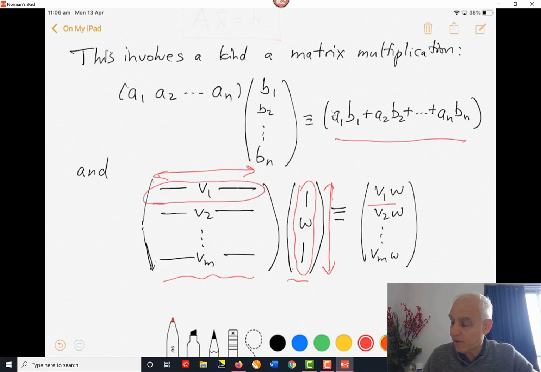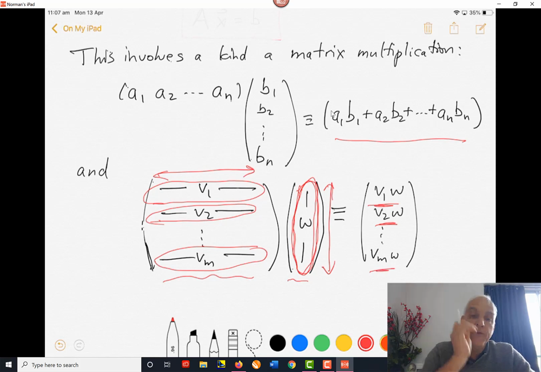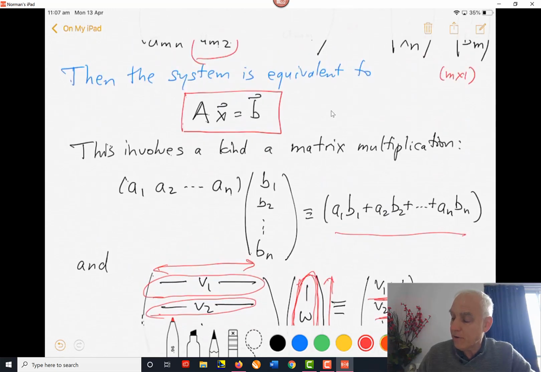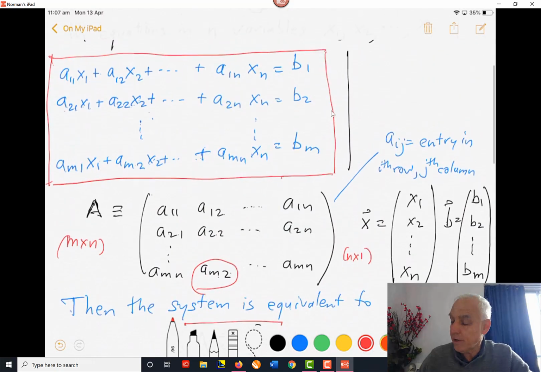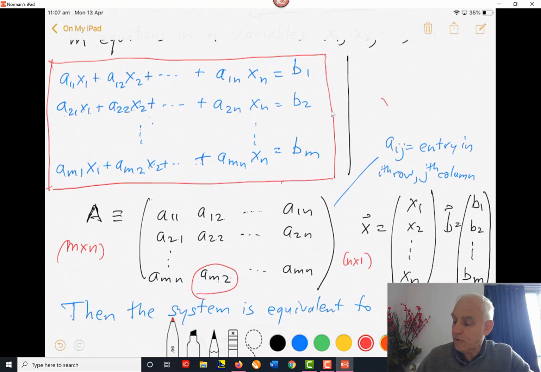That's the first entry, and then the next row times this same column is the second entry, and all the way down to the mth row times the same column gives us the last entry. That's how we define multiplication, and that allows us to give proper meaning to this matrix equation Ax equals b, which captures the system of equations in matrix form.